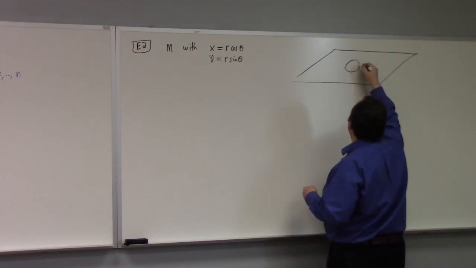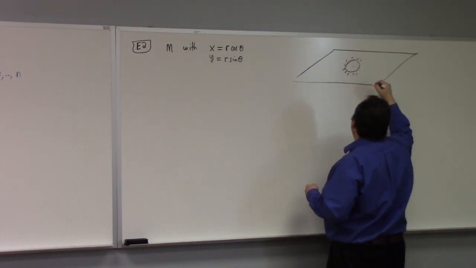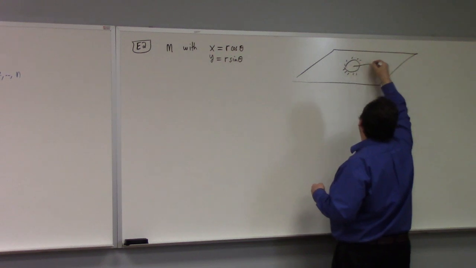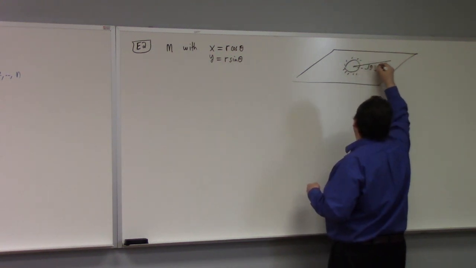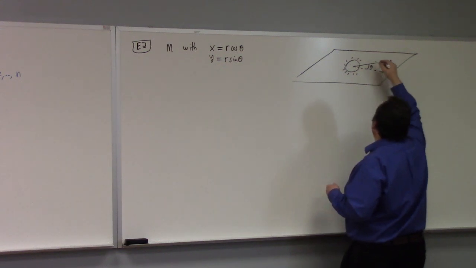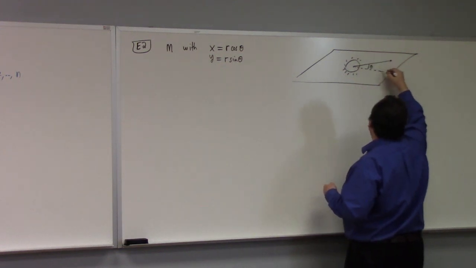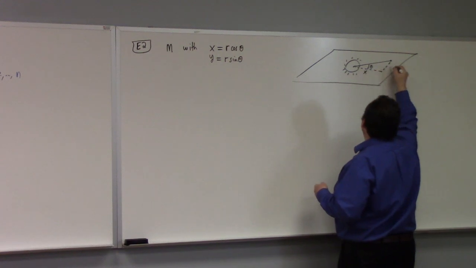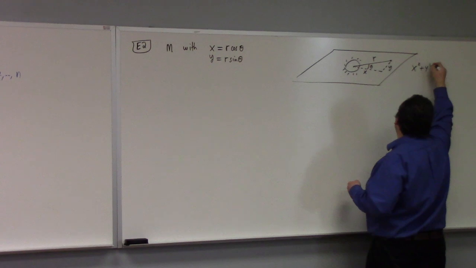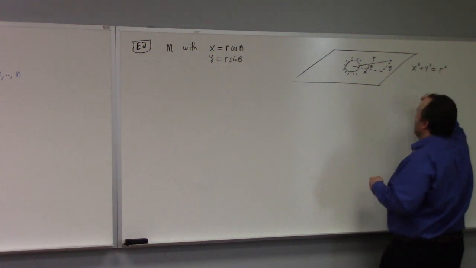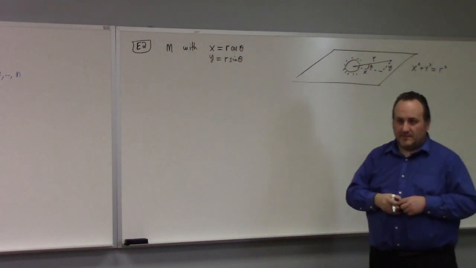That was supposed to be a sun. It does look like an eyeball, my bad. So here's theta, and x, y, r, so x squared plus y squared equals r squared.